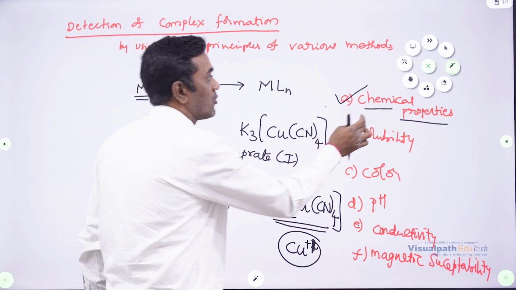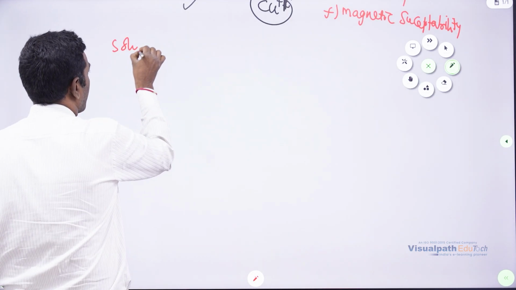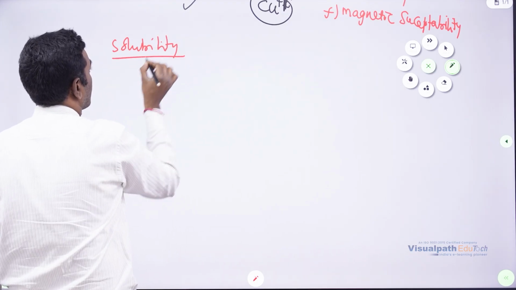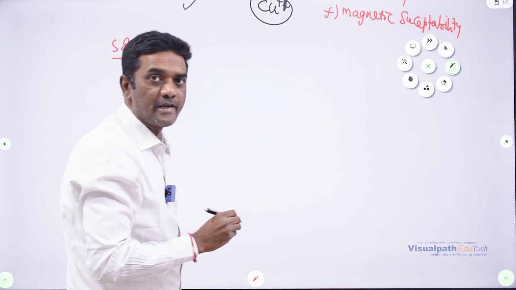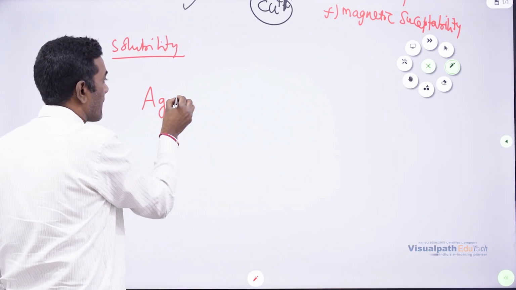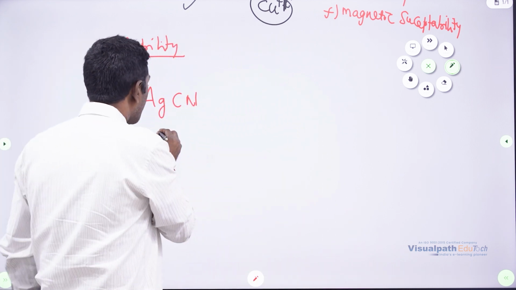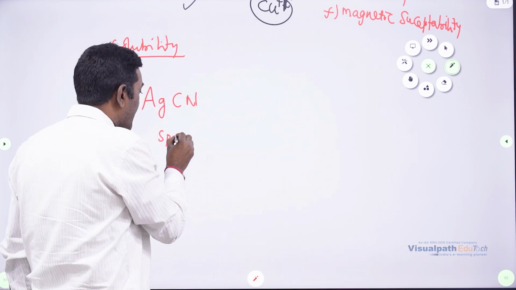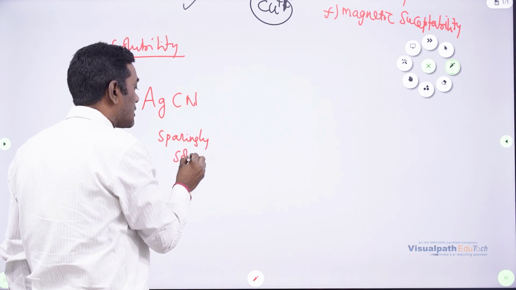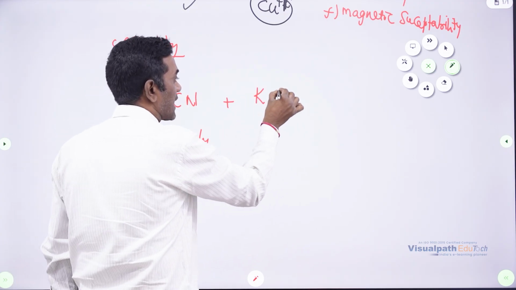Now we are going to discuss solubility. If you are checking clearly, AgCN, silver cyanide, is a sparingly soluble compound, not completely soluble, which is going to react with potassium cyanide.